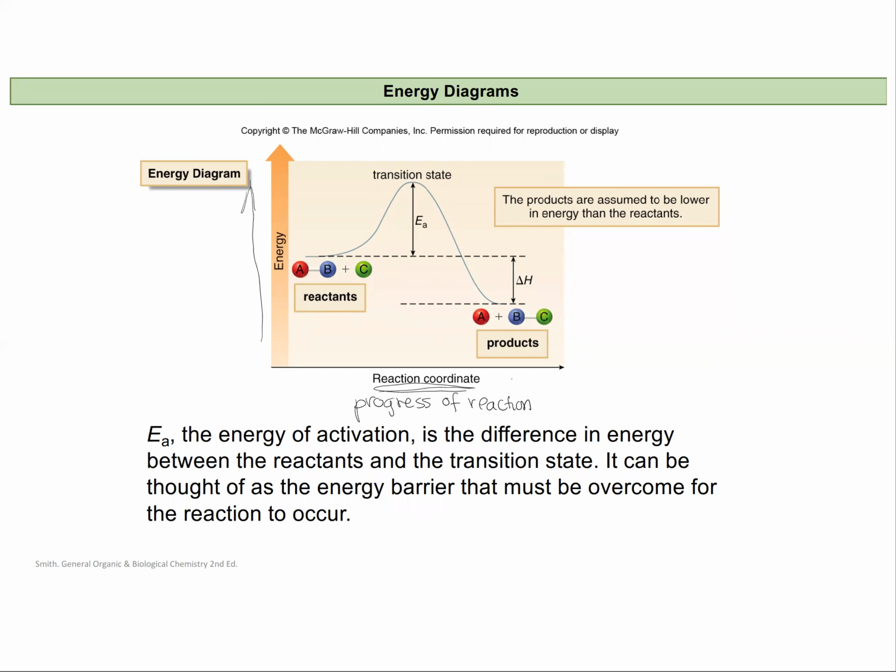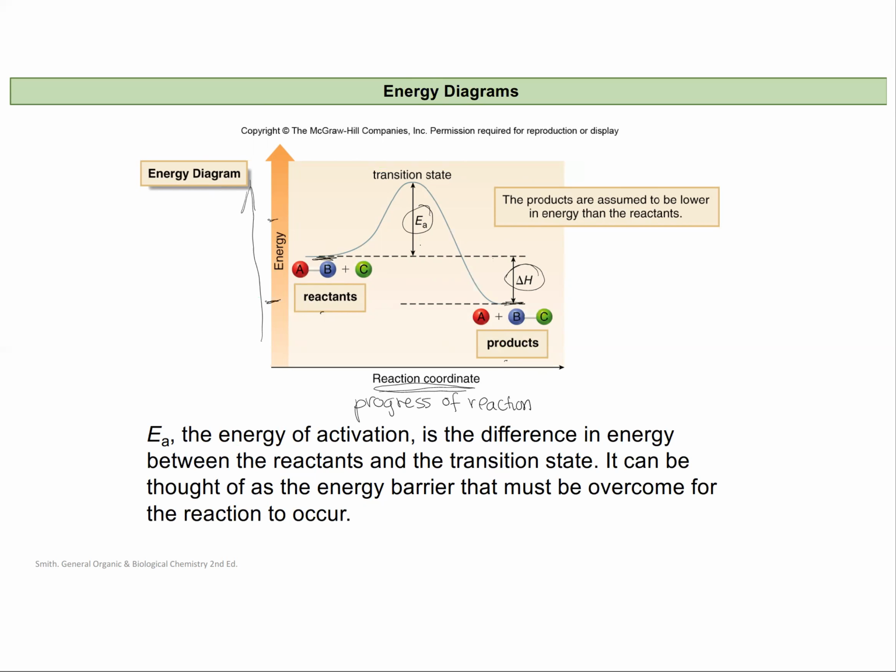We plot the energy of the reactants relative to the products, and we're not going to rely too heavily on quantifying exactly what those energies are, but look at them relative to one another. Then we have an activation energy right here that we abbreviate E subscript A. And then we have the enthalpy that we just discussed, and that's the difference between the energy of our reactants and the energy of our products.